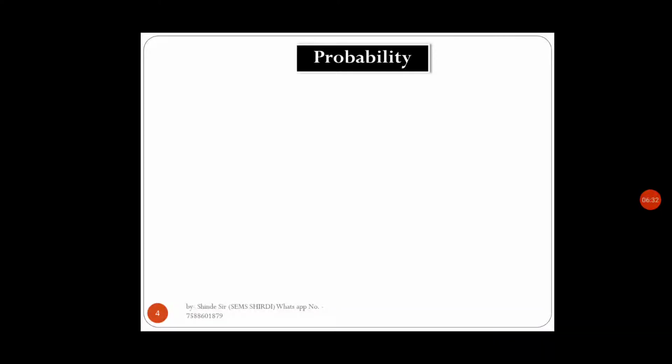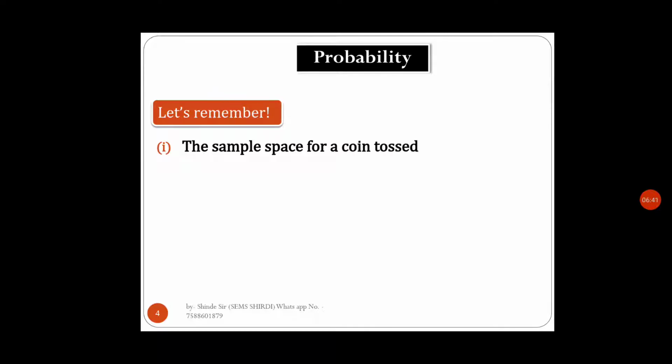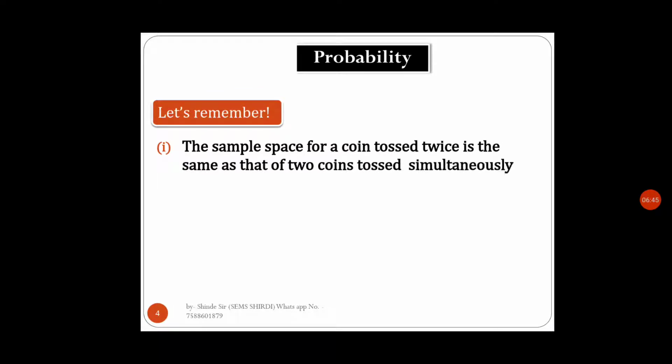Now the next: let us remember that the sample space for a coin tossed twice is the same as that for two coins tossed simultaneously. The same is true for 3 coins.